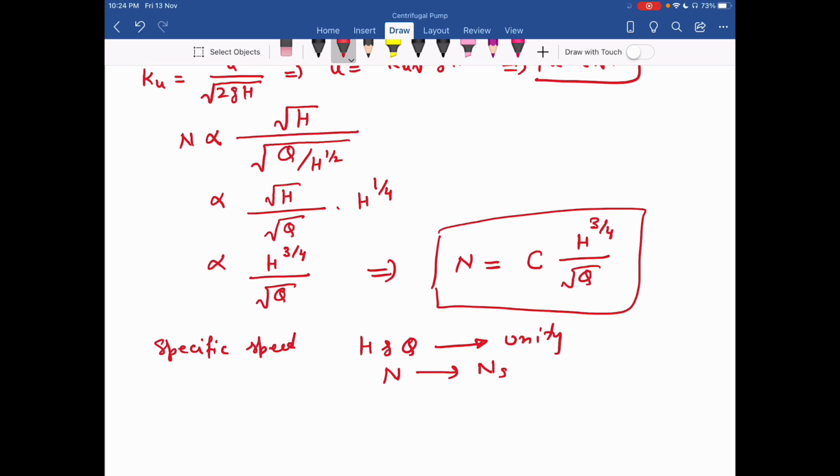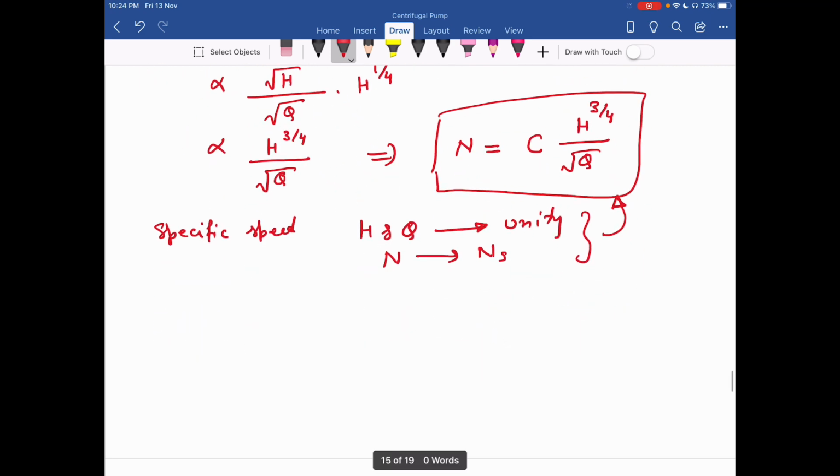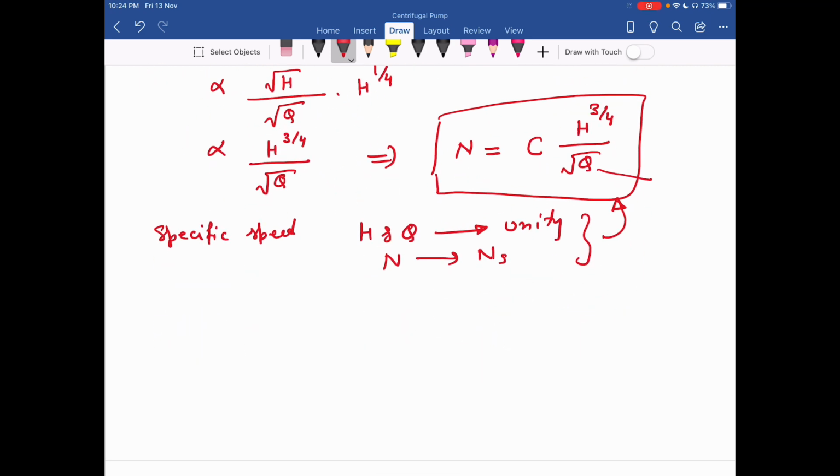So in this formula, when H and Q become 1, my N becomes equal to Ns. That means the value of the constant C is equal to Ns.